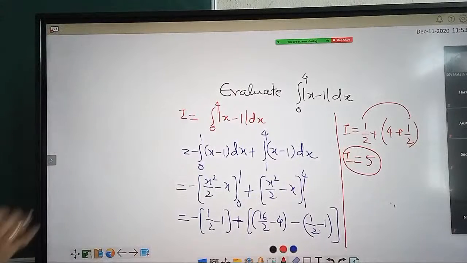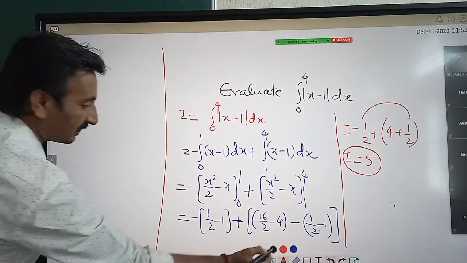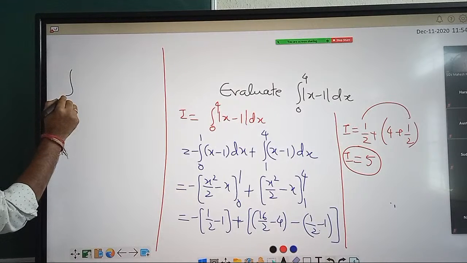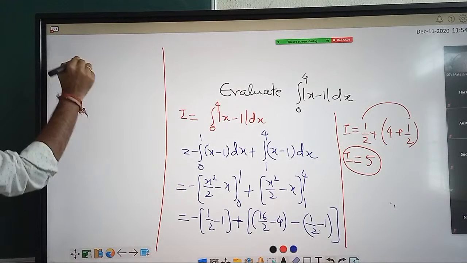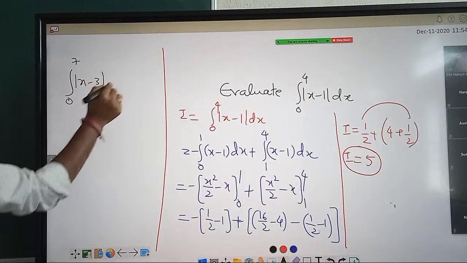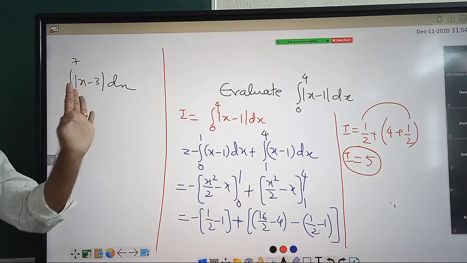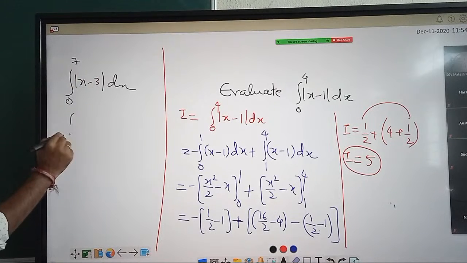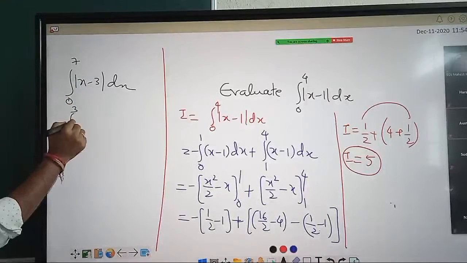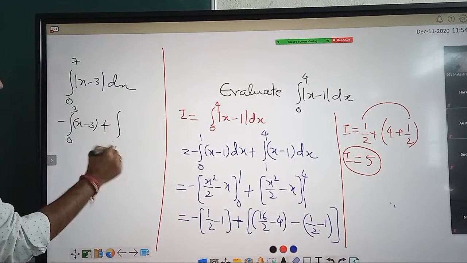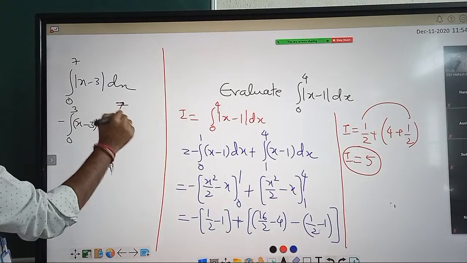So I hope you all can understand the logic behind it. Whenever a number is given, suppose 0 to 7 is given and the modulus of x minus 3 is given, how do you split? Very simple. If I put x equal to 3, it is going to be 0. So what I have to do is 0 to 3, it is negative, plus 3 to 7, it is positive.